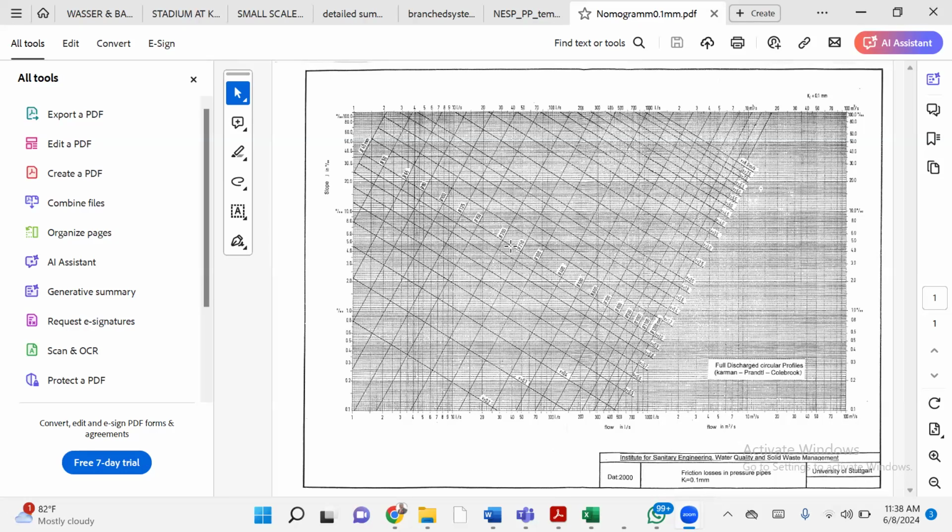Excuse me, sir. If you look at our chart, we're saying the maximum is 3 and the minimum is 0.3. Is that what you say, sir? Yes.